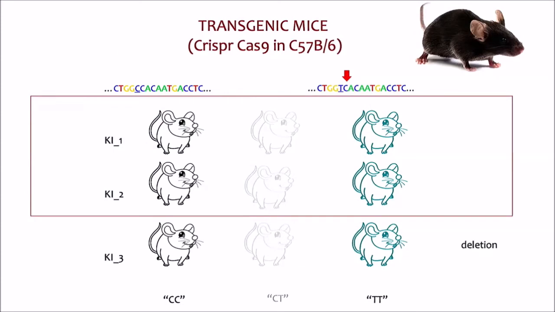So what we did was we generated transgenic mice, and we generated 3 lines, but this one was actually a deletion, and these 2 had the right single nucleotide substitution.